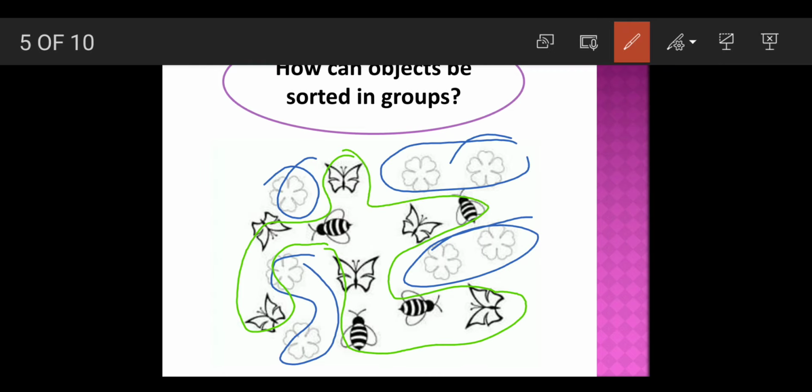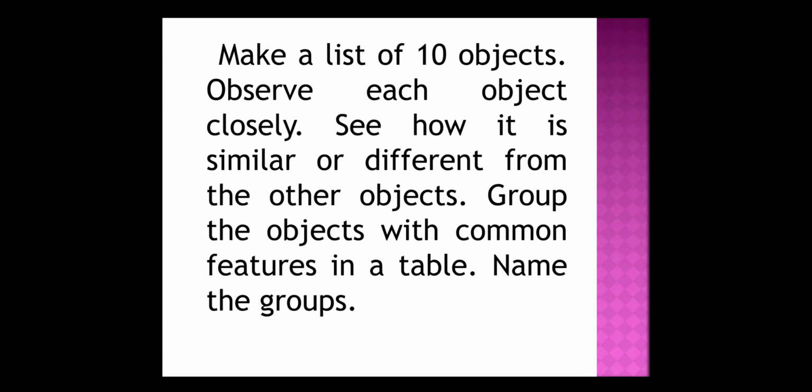Right? So there can be two ways of classifying these same objects. Things and animals and other things can be classified in different ways depending on what quality we are looking at.